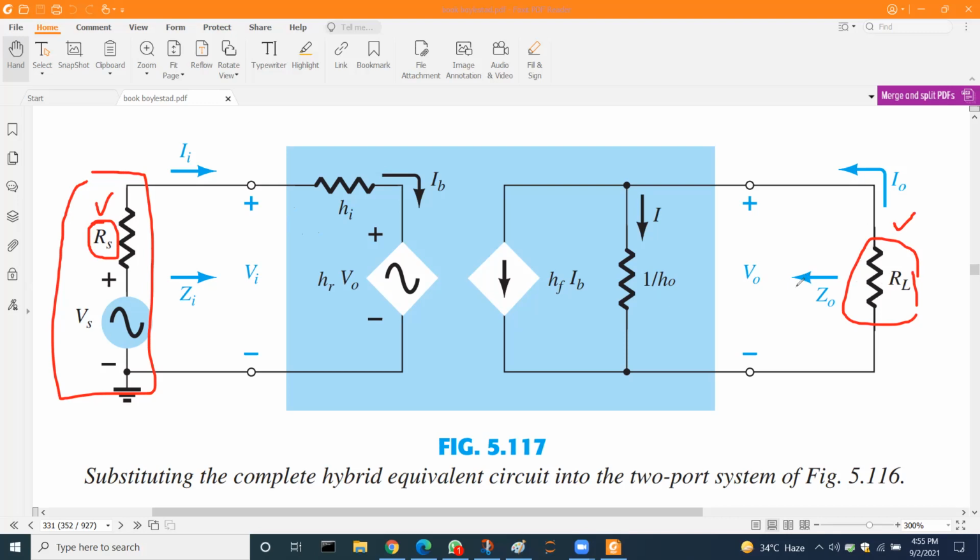But the general analysis, which we have done in this session and in the earlier session, does not consider the effect of RS and RL. When we incorporate RL and RS, then other resistances become parallel to the system, and the effect is recalculated.